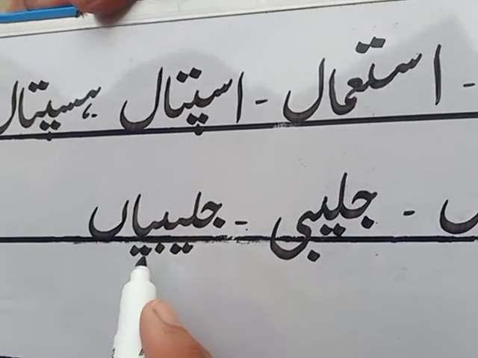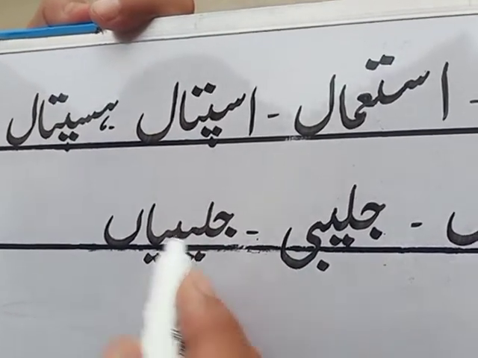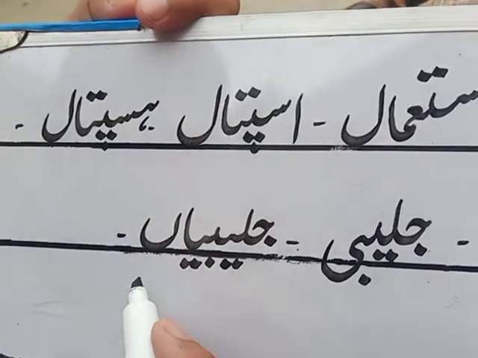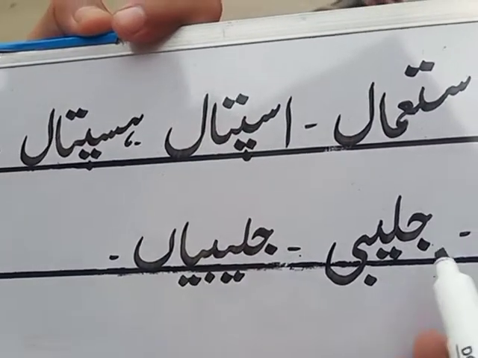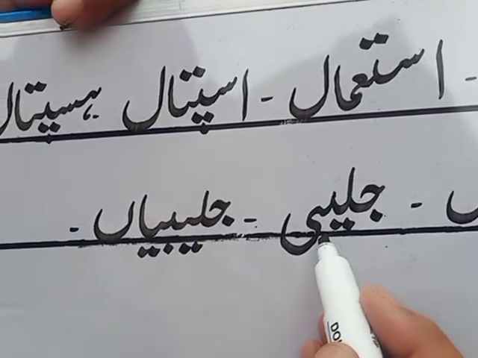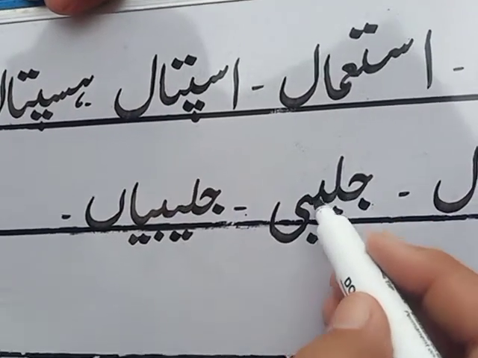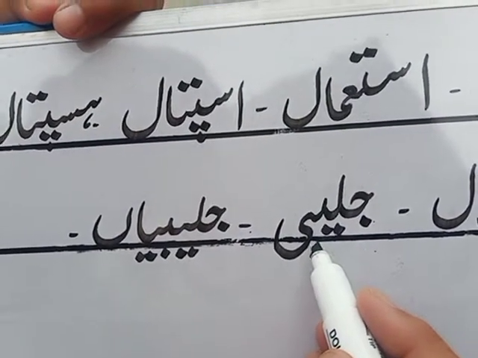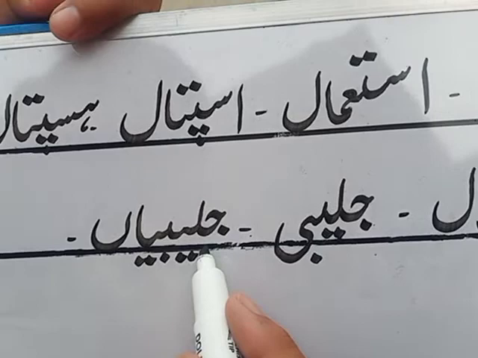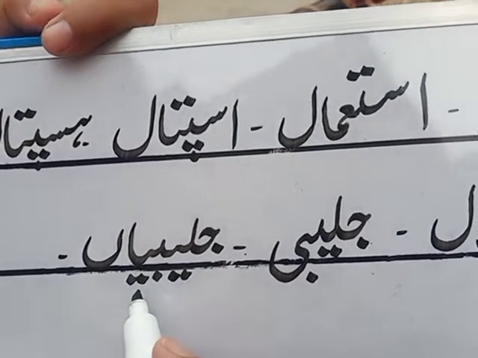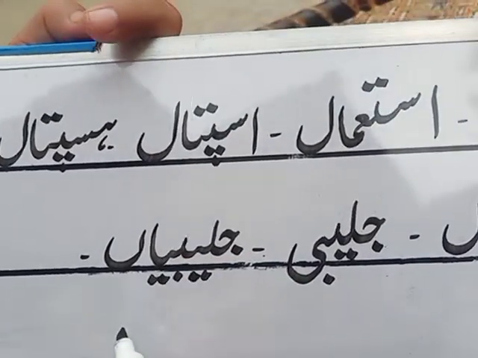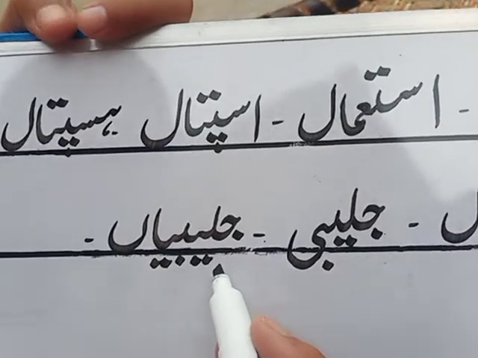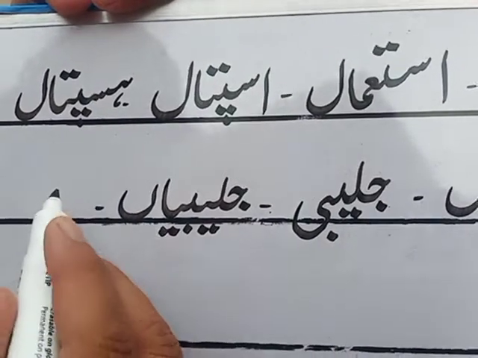Difference between these two words, note it. Every word has its own shape. As you see that in jalebi shosha is written for ye, and in jalebiyan the shosha is written for be. Shosha has gone in next word.